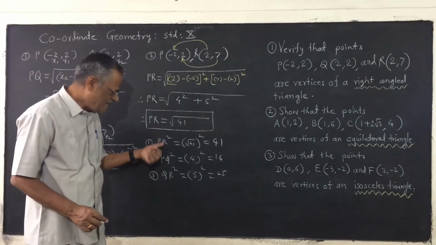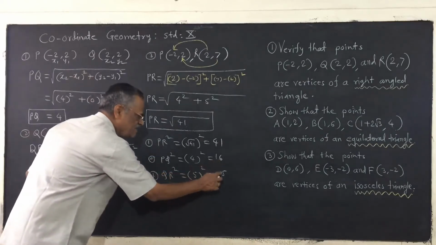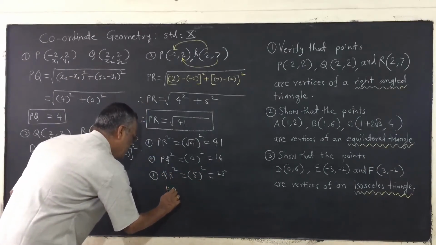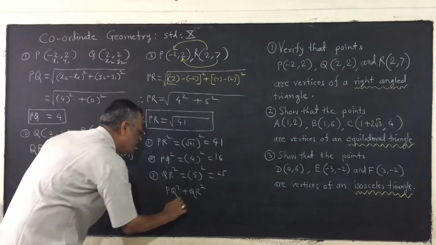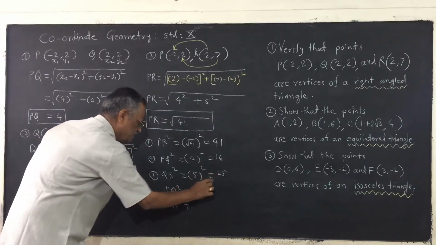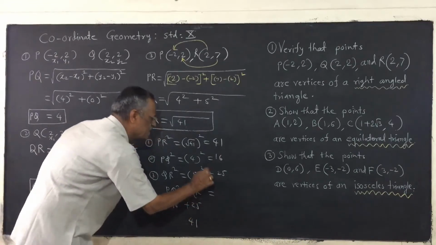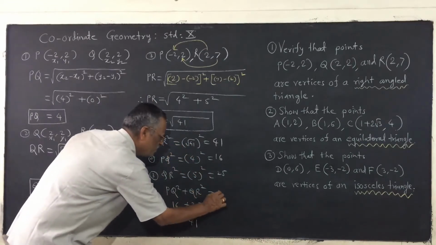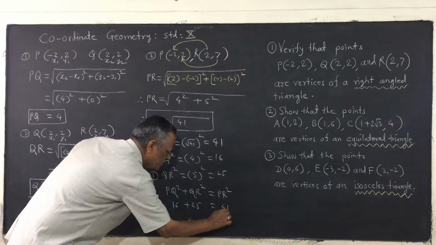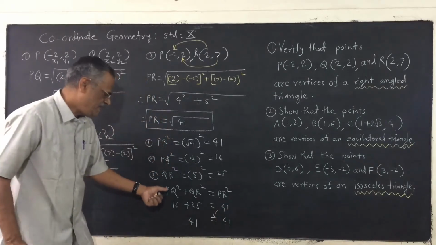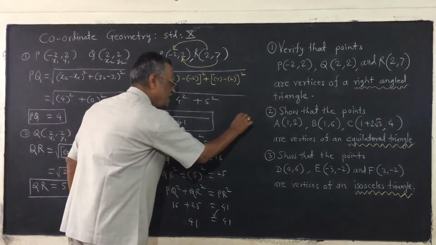Now, by observation, you can see the sum of the two squares, 16 plus 25, PQ square plus QR square. PQ square is 16 plus QR square is 25, and what is the total there? 41. But it is coming equal to PR square, which is 41. So we know that PQ square plus QR square is equal to PR square. So what is that triangle like this?